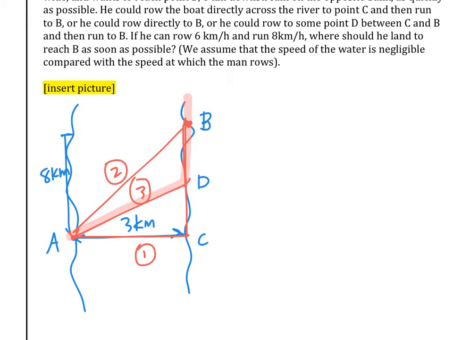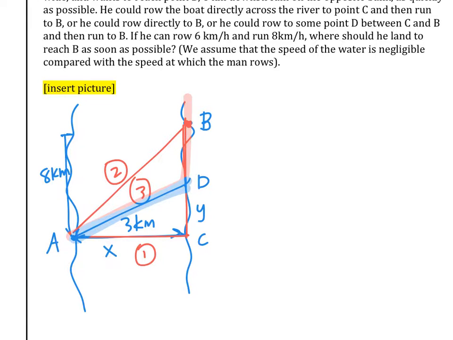Let's divide this up. How do we find the distance of here? How do we find the distance if this is x and this is y? x squared plus y squared. Yeah, x squared plus y squared equals distance squared, right?